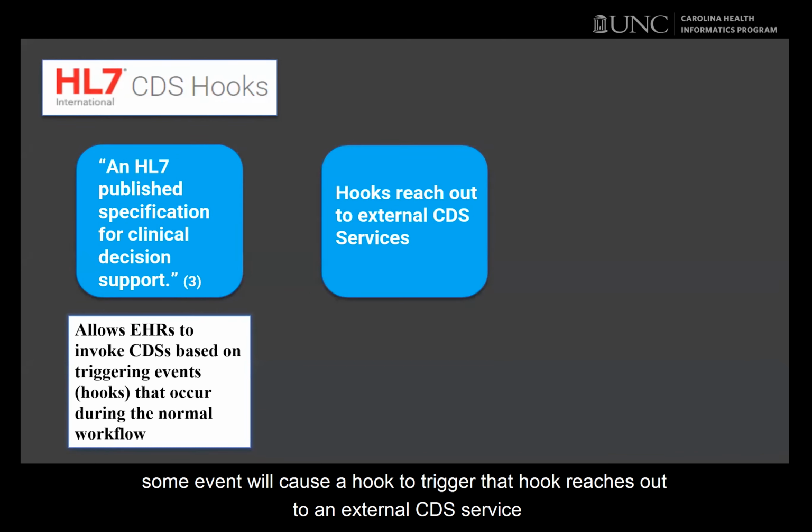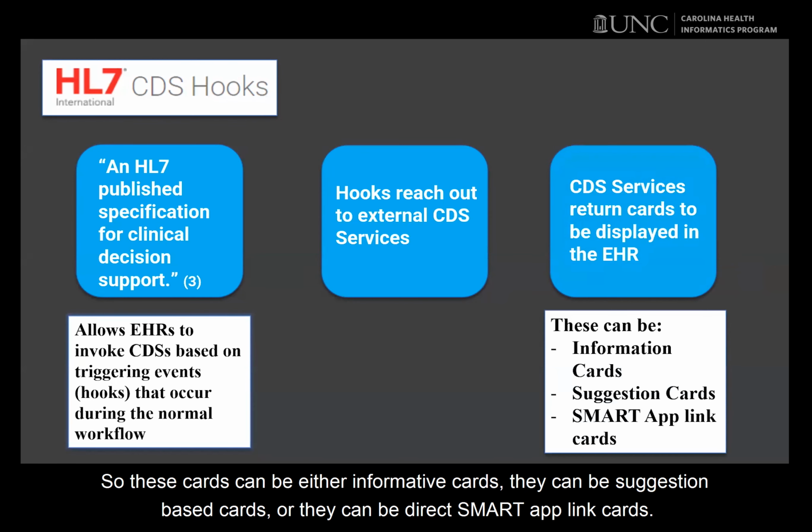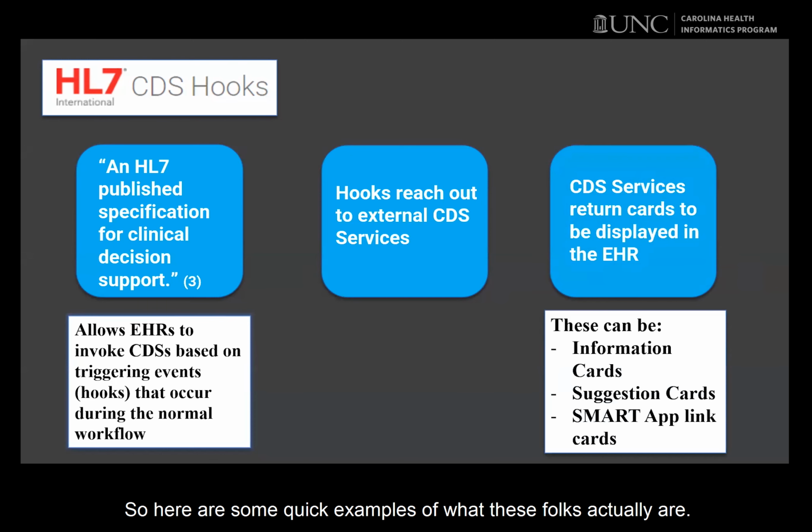That hook reaches out to an external CDS service. That CDS service returns information in the form of cards that are displayed in the EHR. So these cards can be either informative cards, they can be suggestion-based cards, or they can be direct smart app link cards.